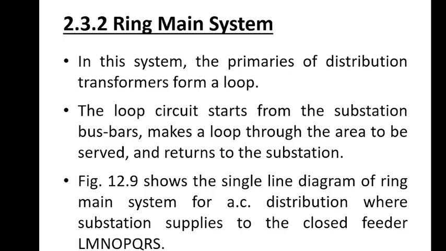The single line diagram typically shows how the substation feeds a closed feeder loop, such as the L M N O P Q R S pass, ensuring that loads can be supported even if a section of the network is disconnected or experiences a fault.